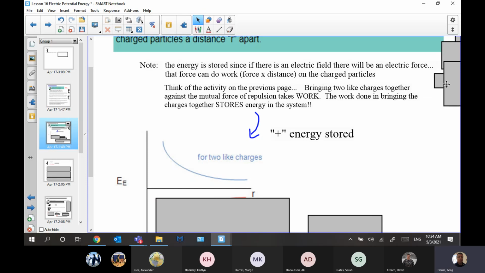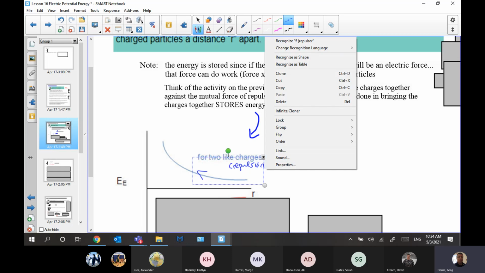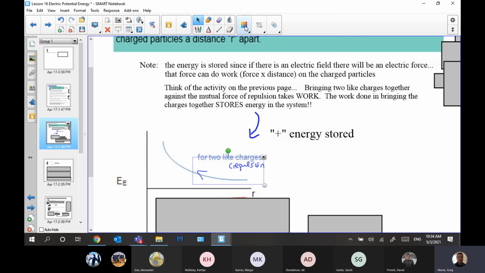As you bring a like charge closer and closer, this is repulsion. In a repulsion situation, you've got positive energy stored.